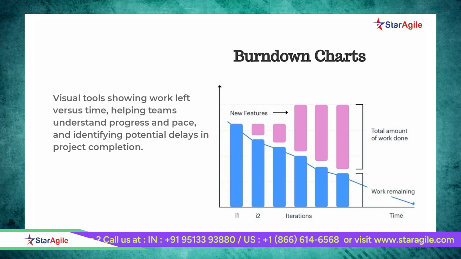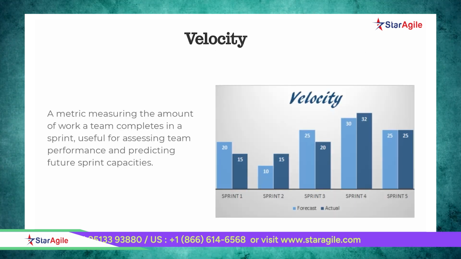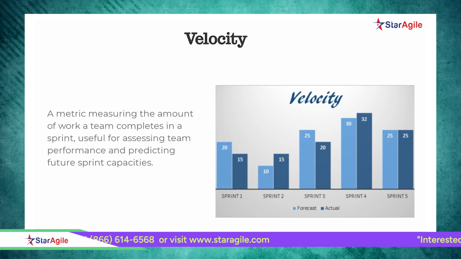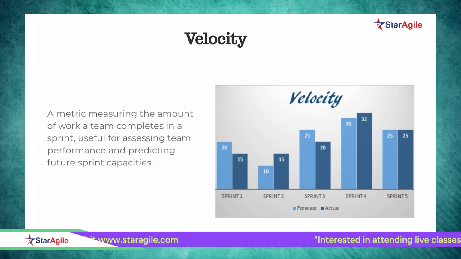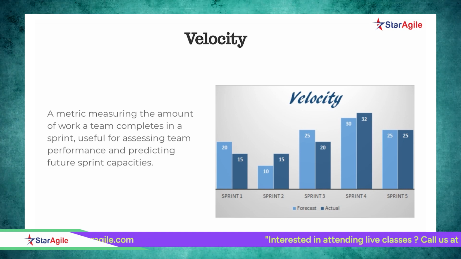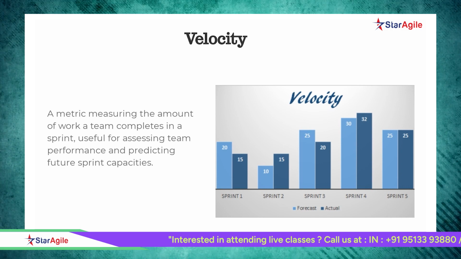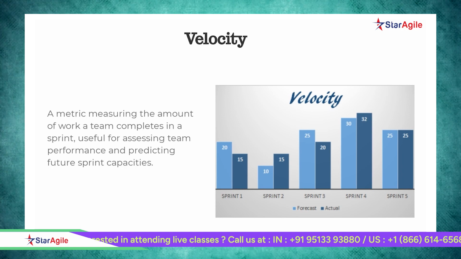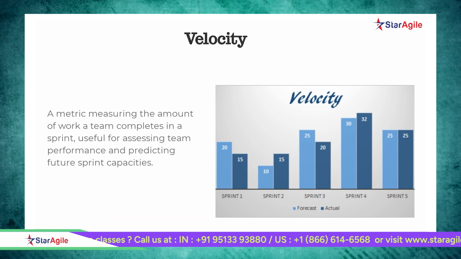Velocity is a key agile metric that measures the amount of work a team completes during a sprint, typically represented in story points or any other consistent unit of measure. It serves as a powerful tool for planning and forecasting, allowing teams to estimate how much work they can tackle in future sprints based on historical performance.